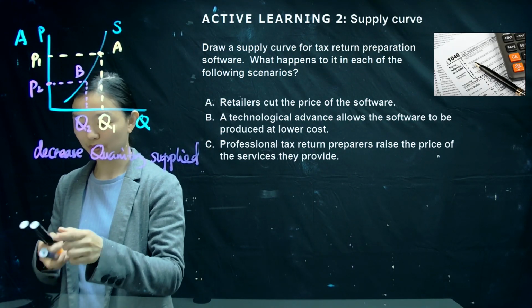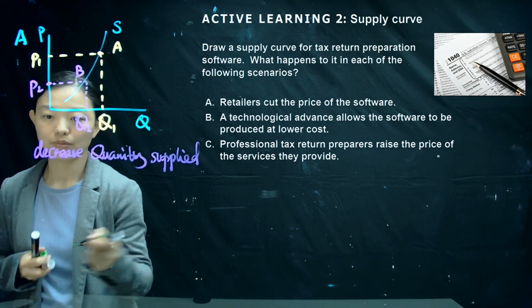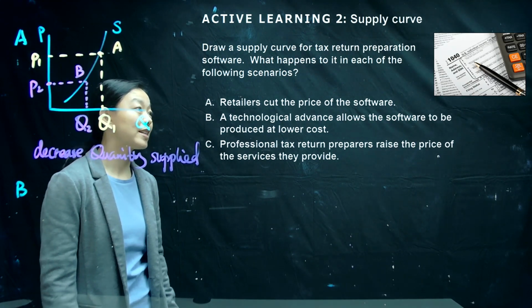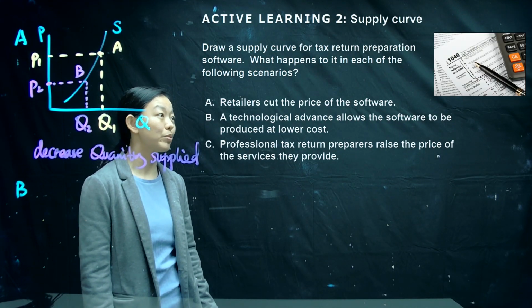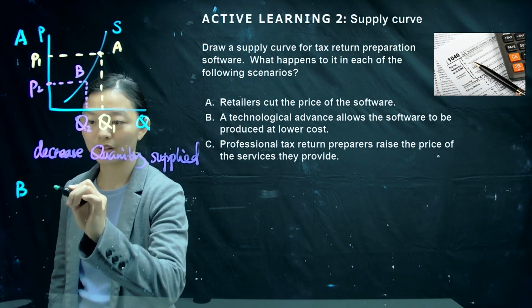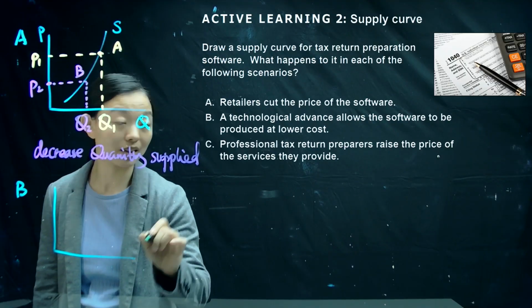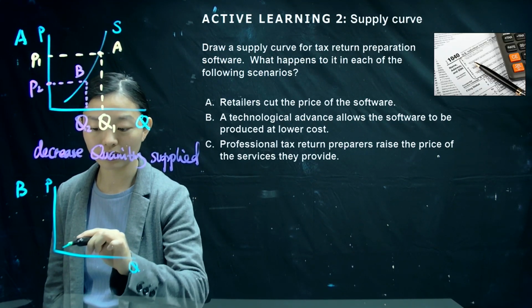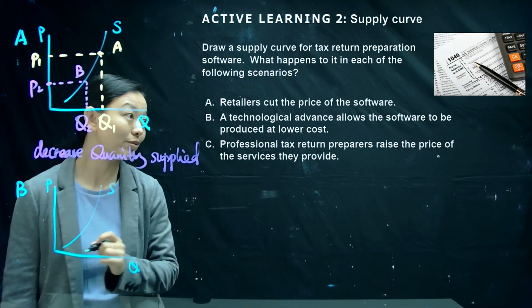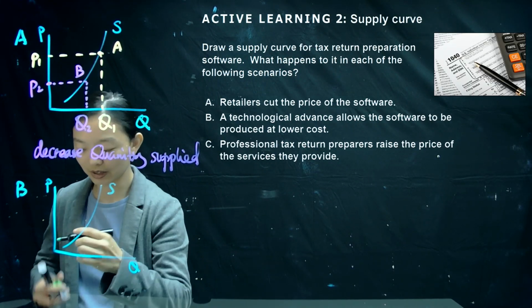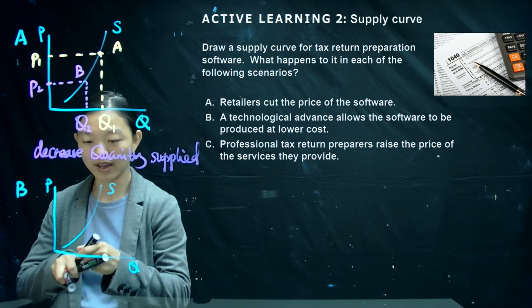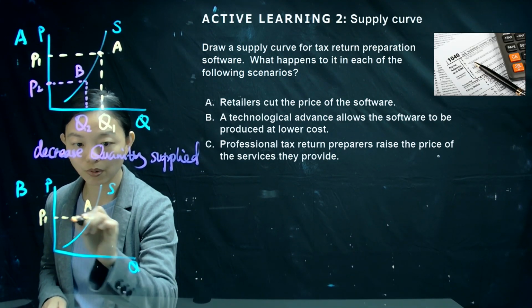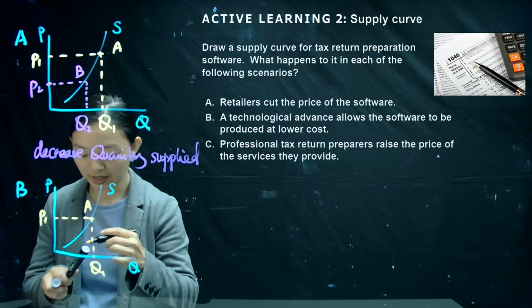Now let's look at B. For scenario B, what happens? Advanced technology allows the software to be produced at lower cost. This one doesn't mention any change in the software's price. This is price, this is quantity, the original software supply curve, and that's marked point A, with price P1 and quantity Q1.